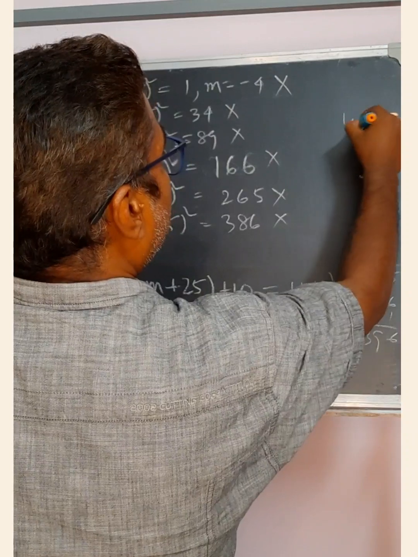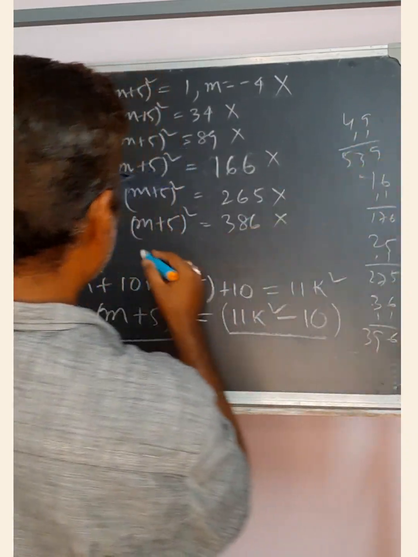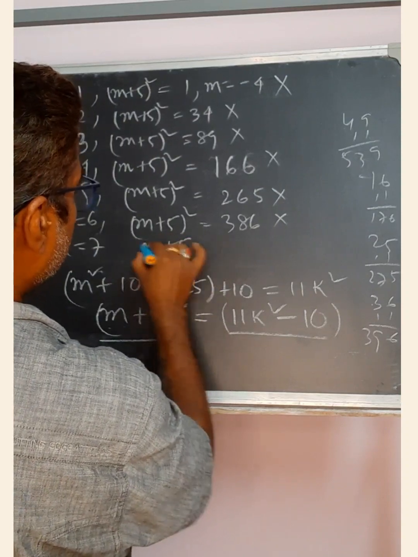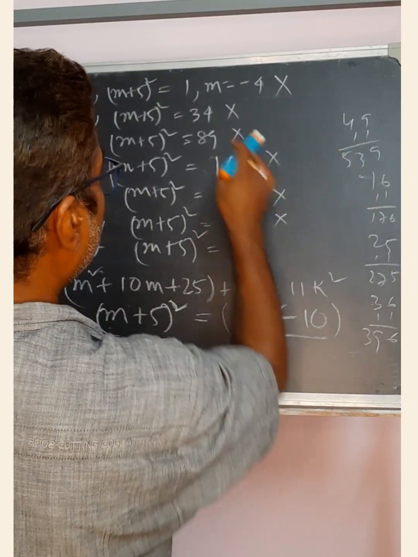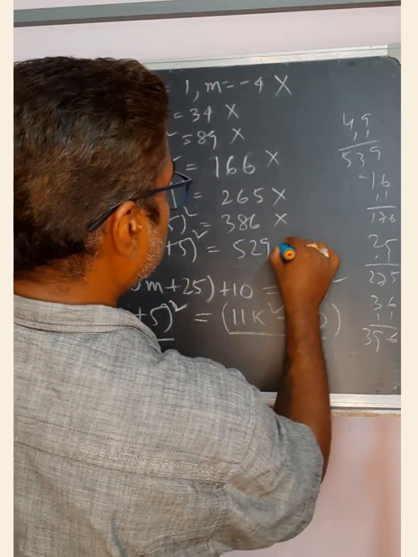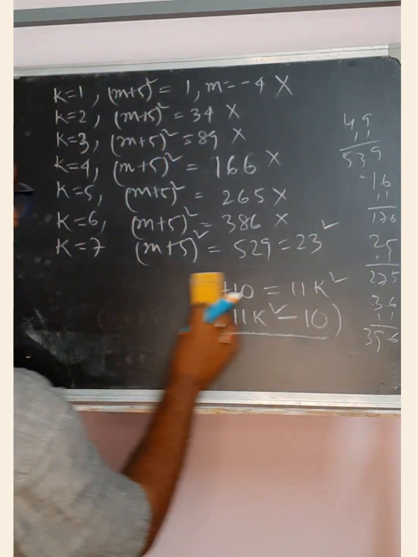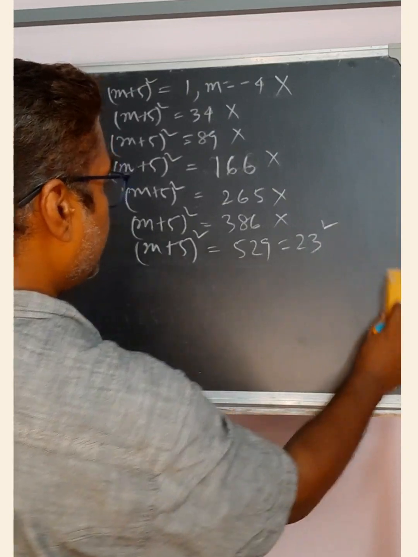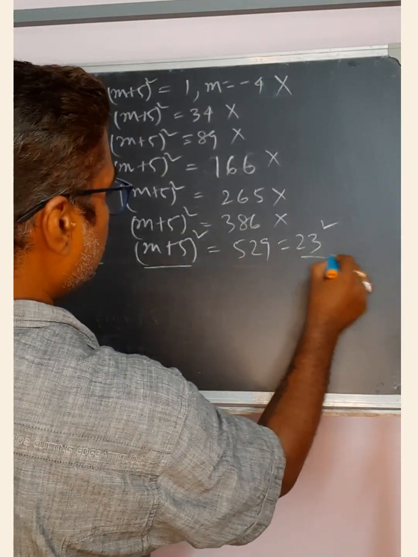Now see, 7 square is 49, 11 into 49 is 539. M plus 5 whole square is equal to 539 minus 10 is equal to 529. So that is a perfect square of 23. So now I have found my answer. So where k is equal to 7, this gives something which is a perfect square.